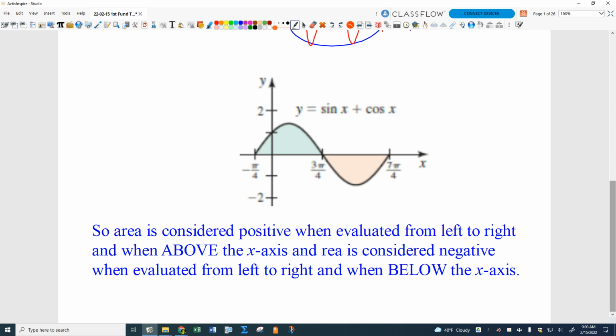Just take the interval from negative pi fourths to pi fourths, and then take the interval of the negative function for 3 pi fourths to 7 pi fourths. Okay, so you're saying split it up from there to there and from there to there, right? Yeah. So all we'd have to do is take the absolute value of the area of the function between all of the zeros, right?